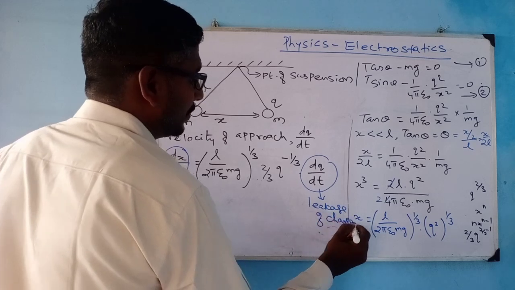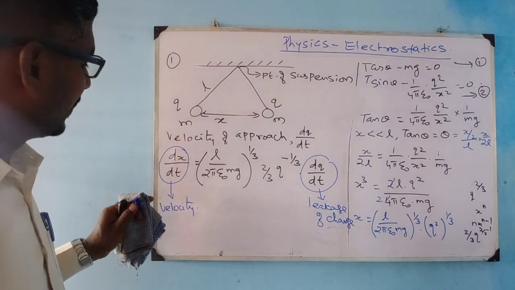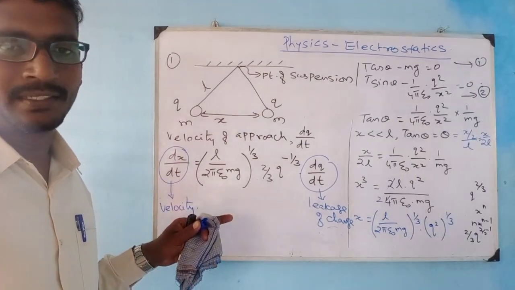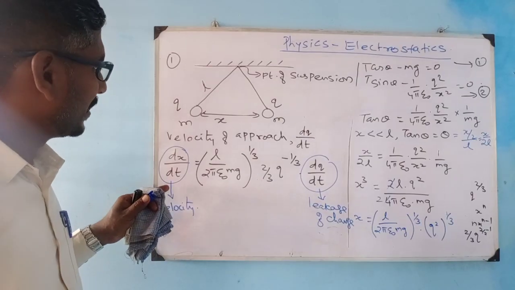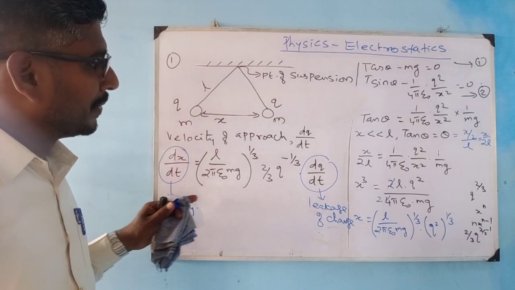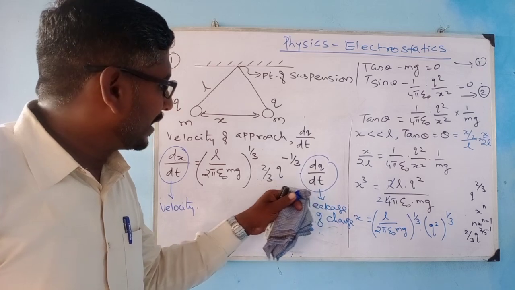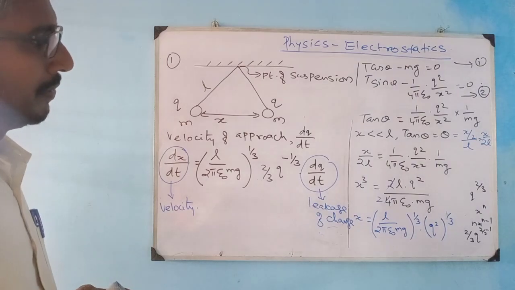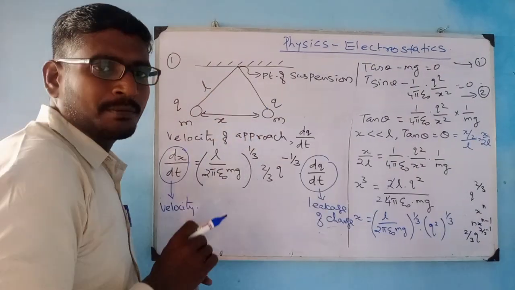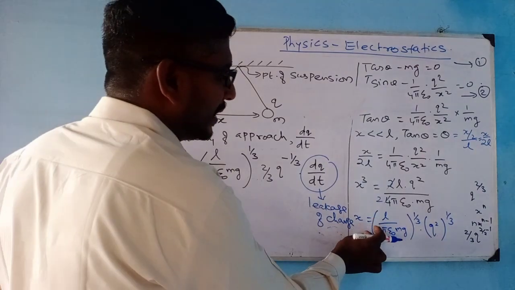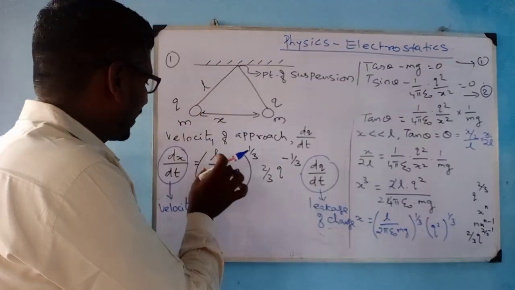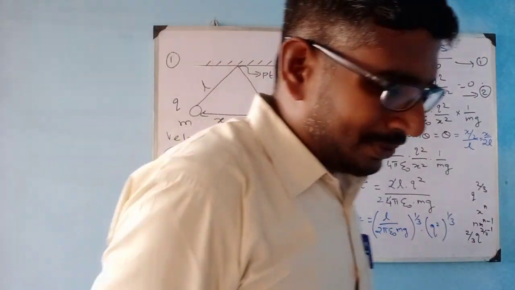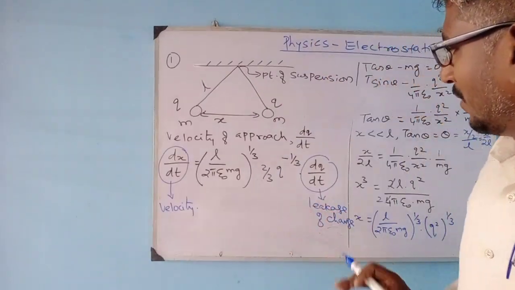And dear students, you just realize that this is the variable factor and this is the constant factor, right? So this velocity is a variable one because of this leakage. Now the two parameters of such sums you are calculating are the distance x and the velocity of approach dx by dt. These are the only two formulas.